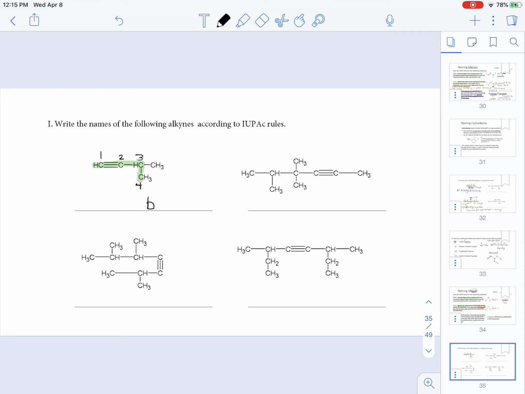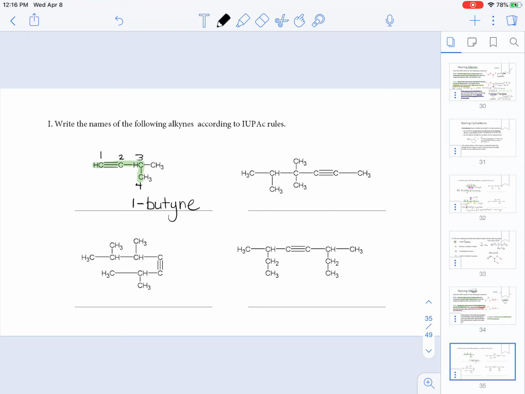The prefix for 4 carbons is but, because this has a carbon-carbon triple bond, then it's going to have the ending -yne. Before the longest carbon chain, I have to determine what is the first number for the carbon in the carbon-carbon triple bond. So this is 1.